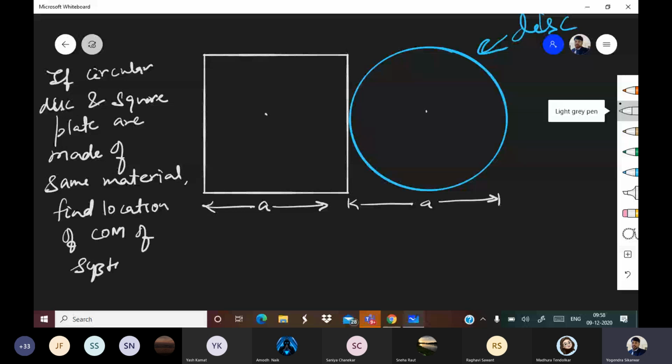So basically you just need to tell whether it will be on the square side or on the disk side or exactly at point, let's say, A. So the answer will be towards right of A, towards left of A, at A, none of these. These are the options.